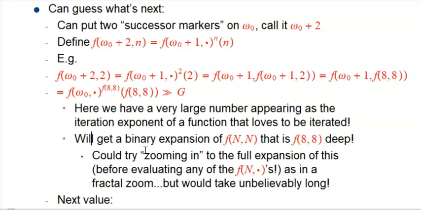This is so much bigger, because even the scale of how many doublings have been done to create this expression, if you were able to write it out with all those omega naughts evaluated, it's this level of size. That's incredible. Okay, and we're only at f of omega naught plus 2, evaluated at a measly 2.